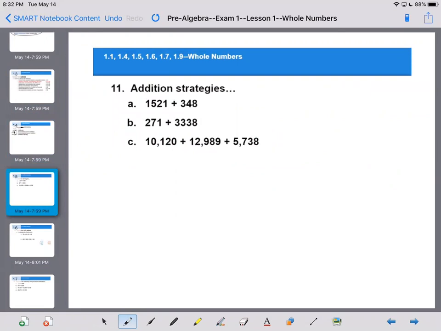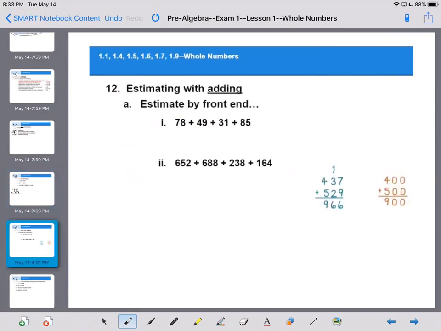Now, if I take 1,521 and I want to add 348, there are different strategies to adding, but what I would like for you to do is use what we call front-end estimation. So if I give you 78, 49, 31, and 85, and I want you to add those up, I just want you to focus on the front-end values.